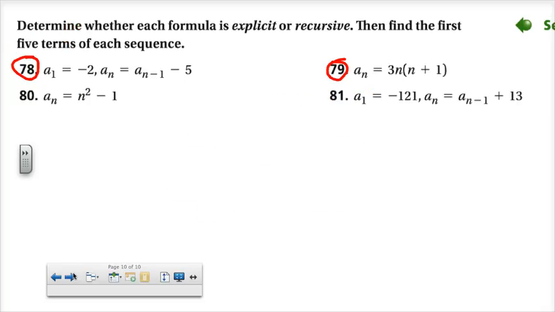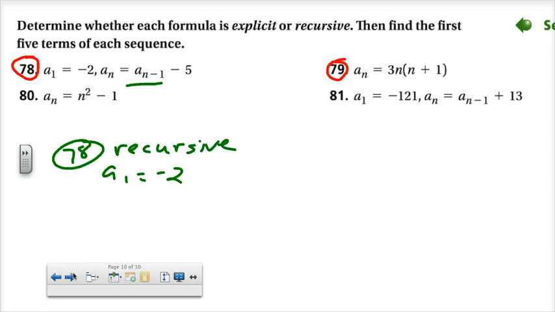Number 78 says determine whether each formula is explicit or recursive and find the first 5 terms of each sequence. Alright, so I'm going to take a look at 78, and the way that I can tell is, is it using n in the formula or is it using the previous term? There's the previous term notation. This is recursive. The first term is a -2, and now I need to read off the formula so I can figure out how to generate the next terms, and it tells me to find any term, take the previous term, and subtract 5.